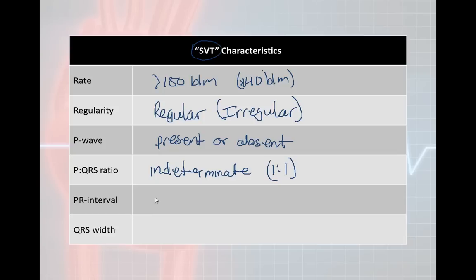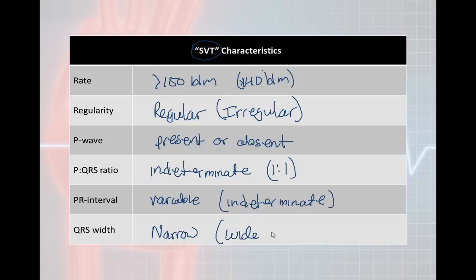PR intervals, a lot of times the PR intervals will be variable if there is a P wave, or they could be indeterminate if there's no P waves. The QRS width, most of the time the QRS width is narrow. But it is possible that you could have somebody that has a wide QRS.